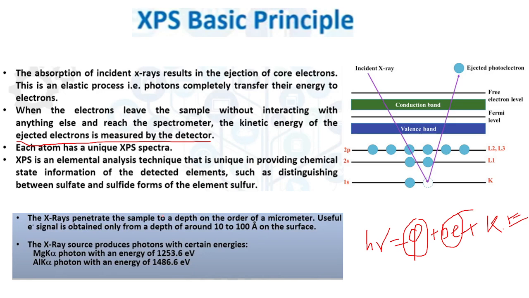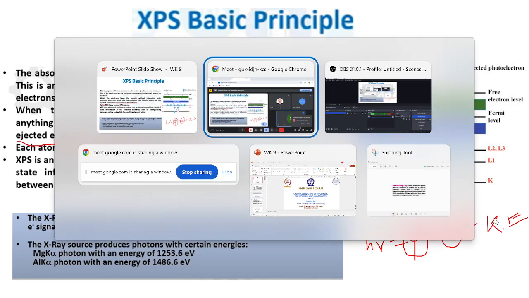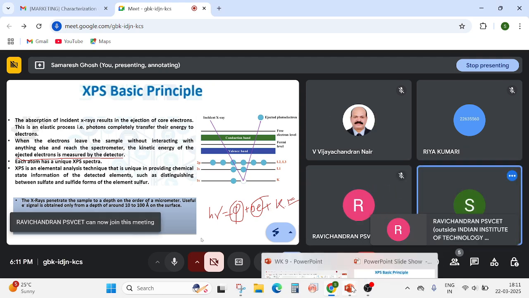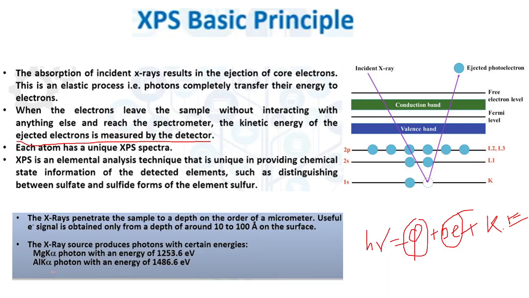And if the binding energy is different, then at a specific wavelength the kinetic energy will be different depending on the oxidation state. That's why you get very accurate data from XPS.